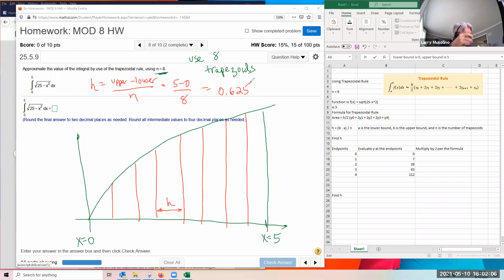Okay, and again, as you start to get into messy numbers like this, Excel is a good tool to make the calculations efficient. All right, so why don't we mark these y values? Let's call this y sub 0. This will be y sub 1, y sub 2, y sub 3, and so on.